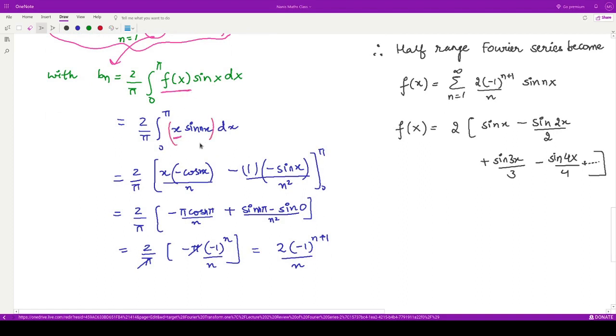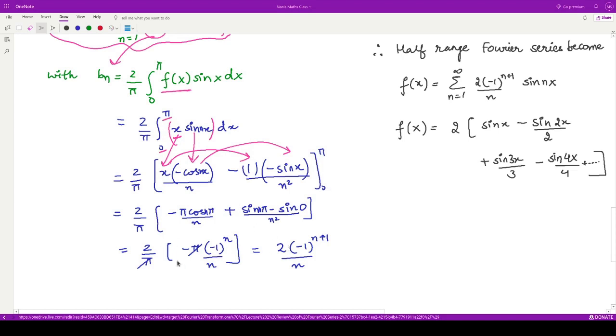We can apply the by parts rule over here: first function as such, then the integration of the second function, then a negative sign, the derivative of the first term, the integration of the second term, and so on. That would be the result, and the limits will be from 0 to pi.